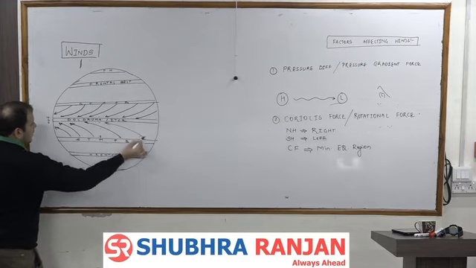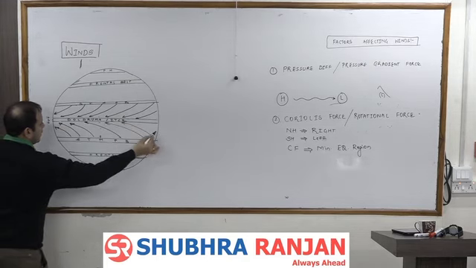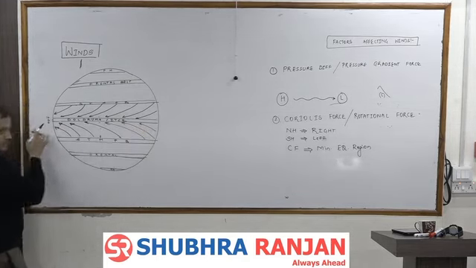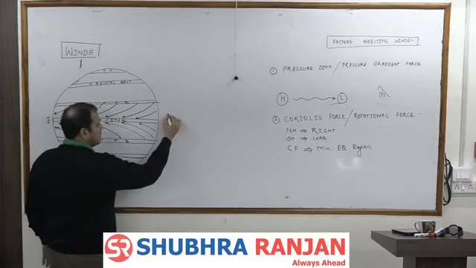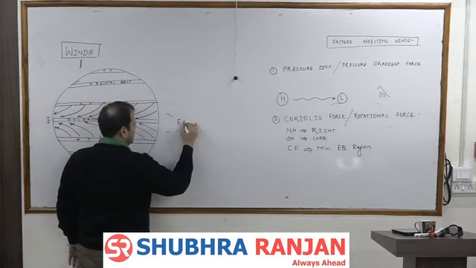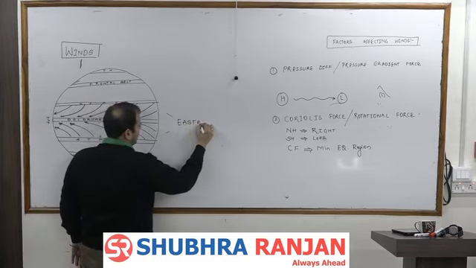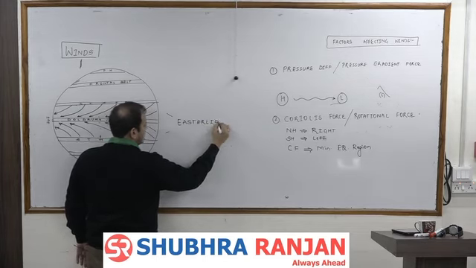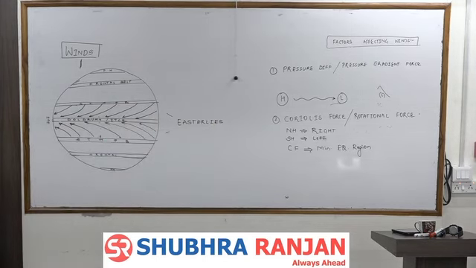So these winds have direction from east to west, and therefore these winds are known as easterlies. Understanding? Why easterlies? Because what is the direction of these winds? This wind is from east to west, and therefore these winds are known as easterlies.